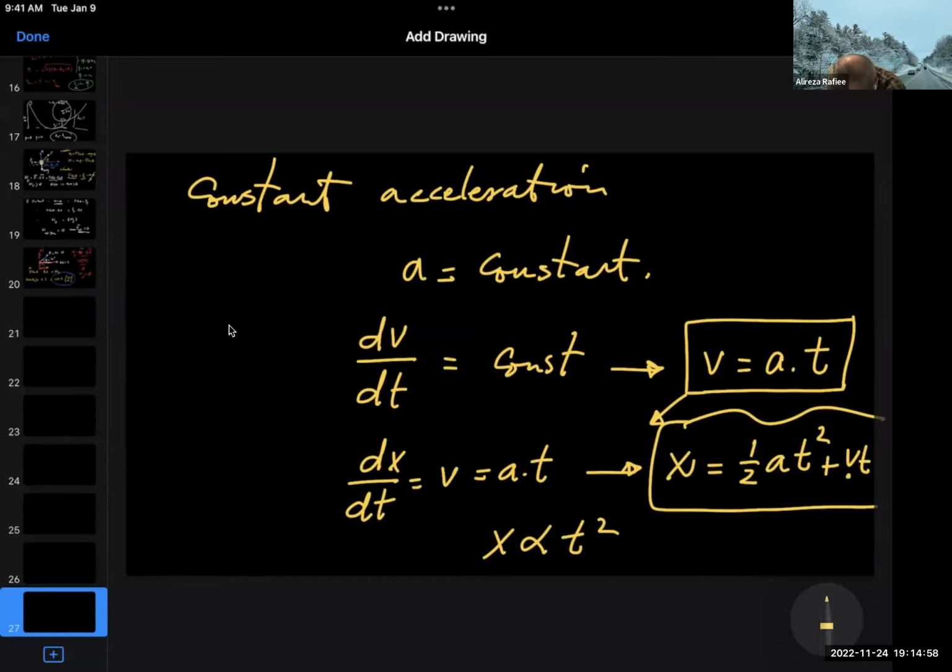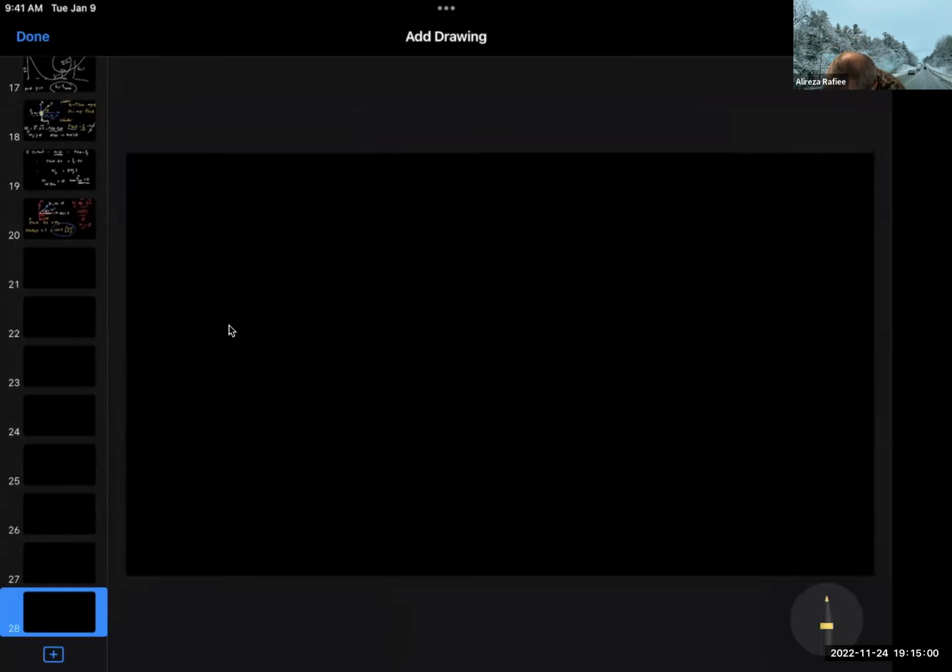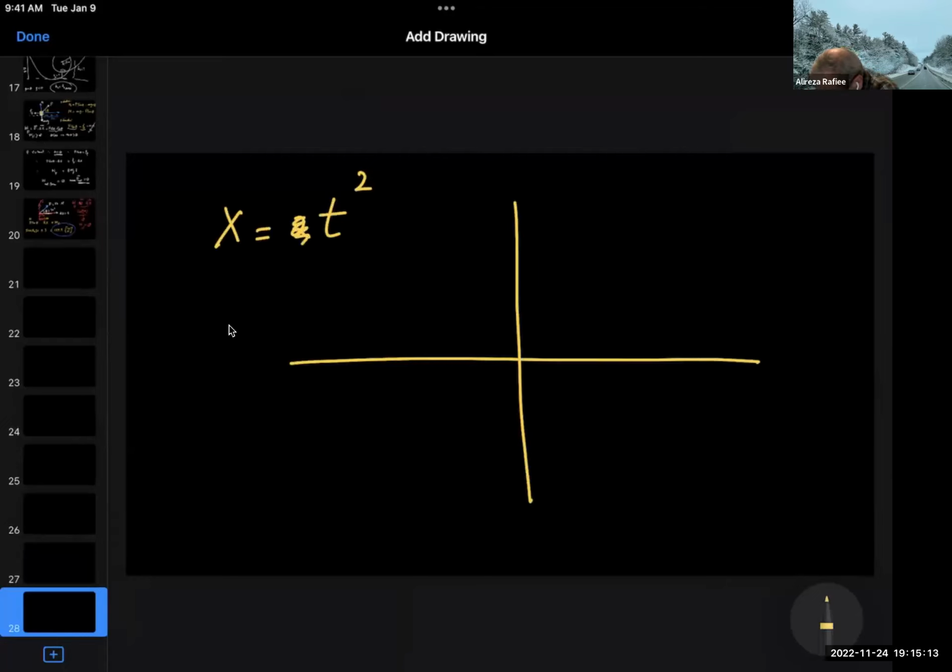Good? Now, how do we plot this equation? x is equal to some number, like 2 times t squared, or 1 times t squared. Okay, so here is my diagram. This is my t, this is my x, and first of all, t is positive, so I'm only limited to the right side.